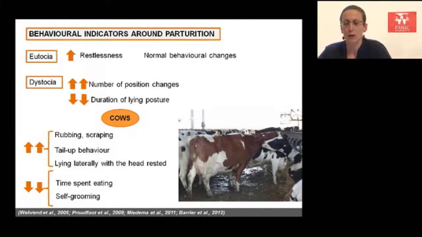So, for example, a higher than normal increase in tail-up behavior, or in lying laterally with the head rested, can indicate dystocia. Or, for example, a lower time spent eating, or a lower number of events of self-grooming, can indicate dystocia.